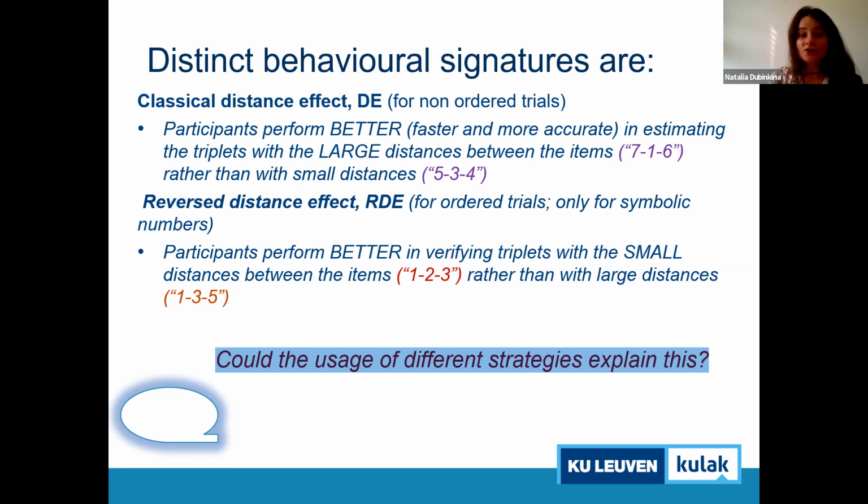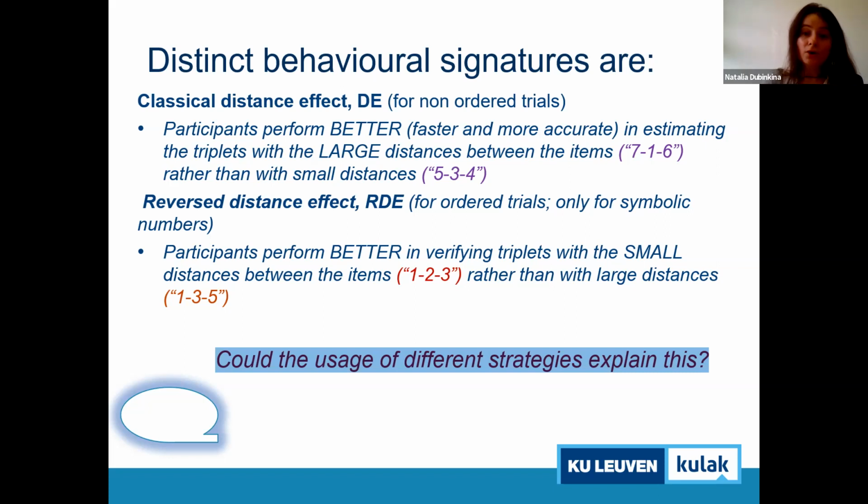So these 2 signatures lead to some speculations on possible solution strategies that underlie the order judgment process. Some suggestions have been made that for ordered trials, mainly associations from long-term memory are used, and participants probably retrieve the sequence from memory.